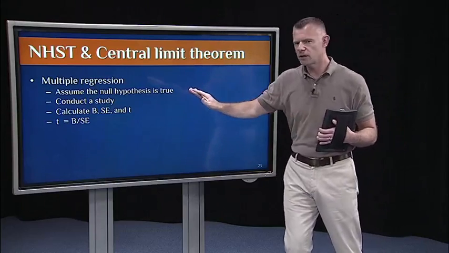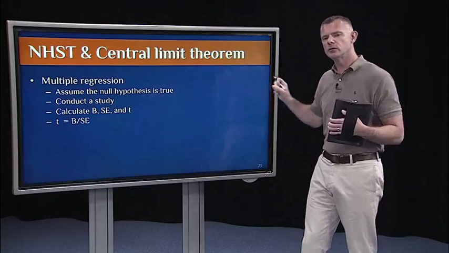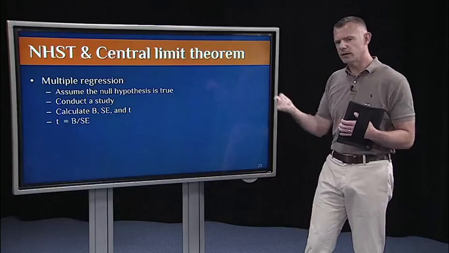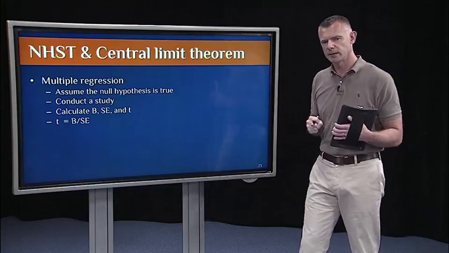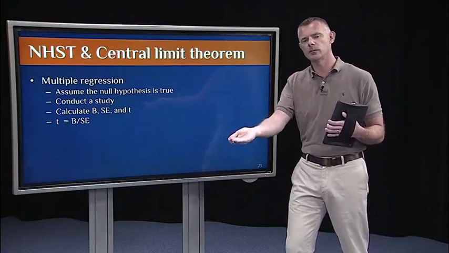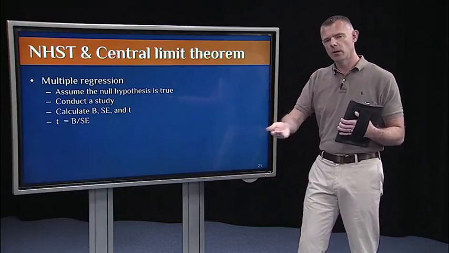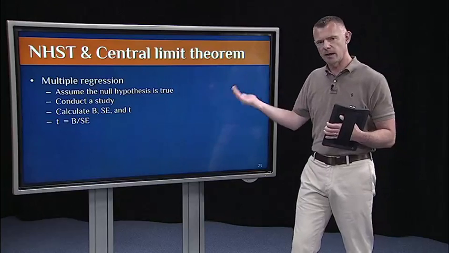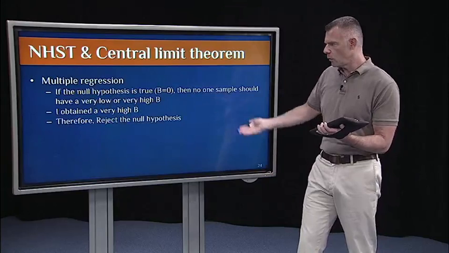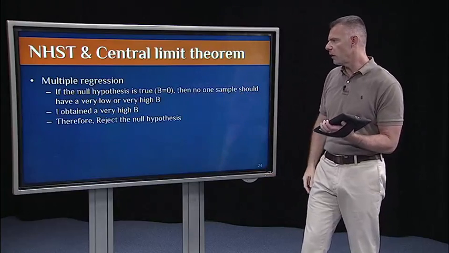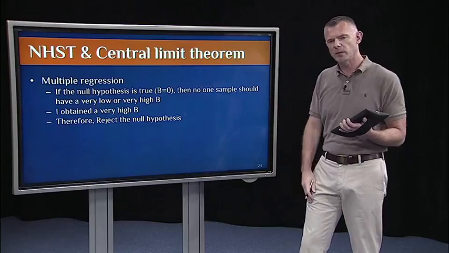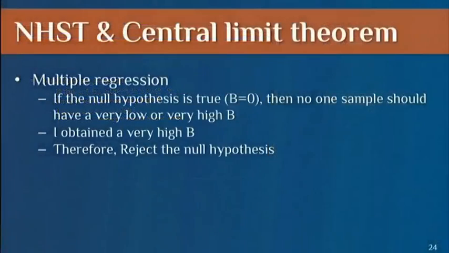But it's this conversion from the t-value to the p-value that we need to solidify in this last segment. Each t-value has a corresponding p-value, but it depends on the sample size. So we start out with this assumption: if the null hypothesis is true, that would mean that in the population the slope is 0.